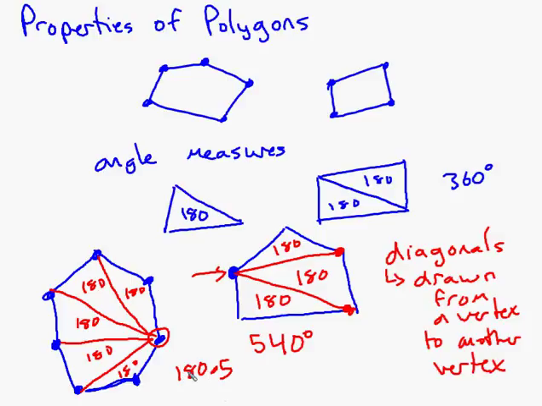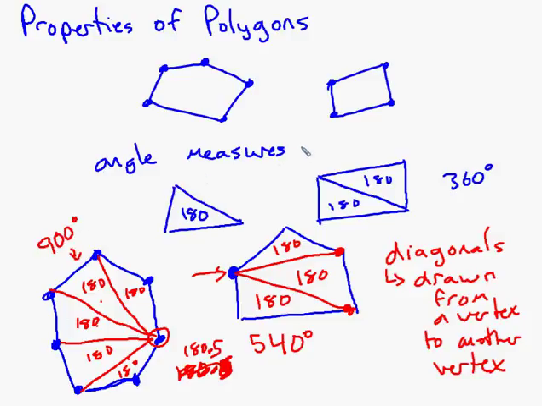How did we get 5? 1, 2, 3, 4, 5. It is 5. If it were 6, it'd be 1080 then. Okay, so 180 times 5, what do we get? 900. 900 degrees in a heptagon.